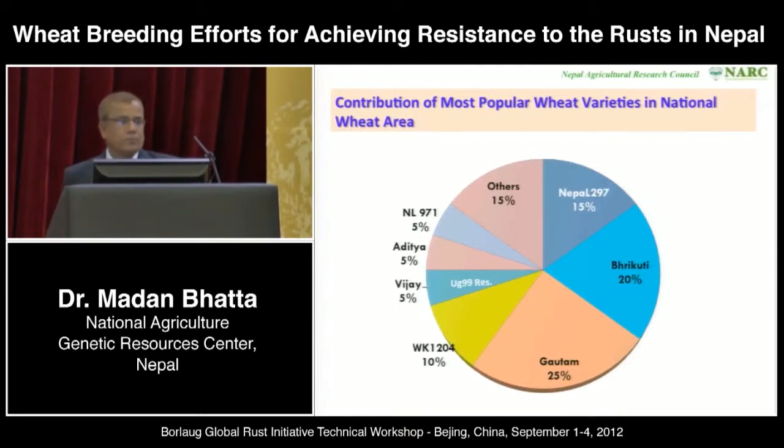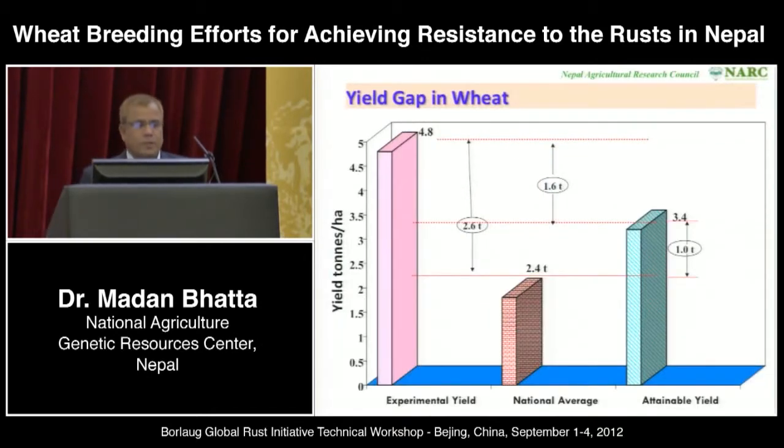WK1204 and Gautam, these two varieties are stripe rust resistant and cover more than 35% of total wheat area in the hills. Birkuti, released in 1994 with LR26, YR9, YR18, LR34 background, is still resistant to stripe rust and leaf rust, and covers more area in the plains.